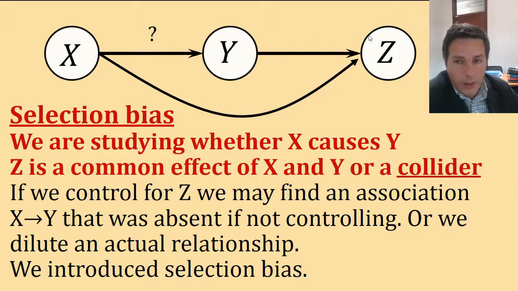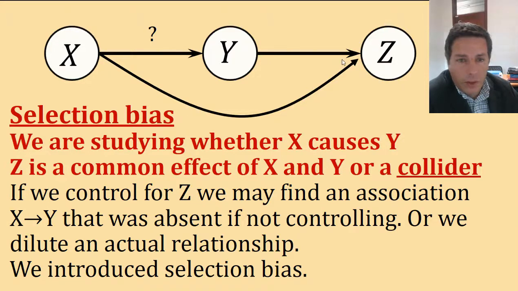Now, let's say Z is the ranking you acquire in the sport in which you are acquiring that skill. So controlling for Z would be to measure the effect of X on Y at different levels of that ranking.